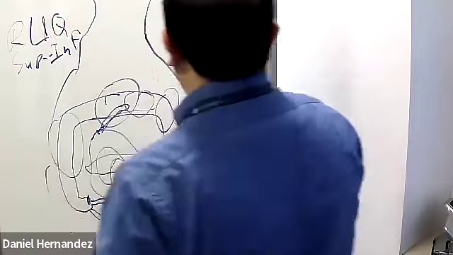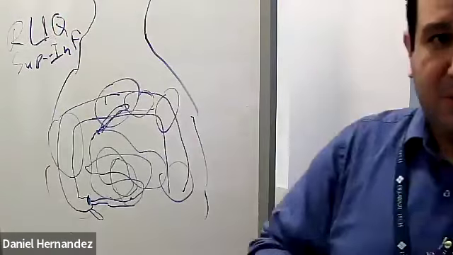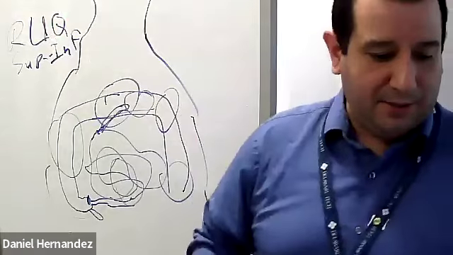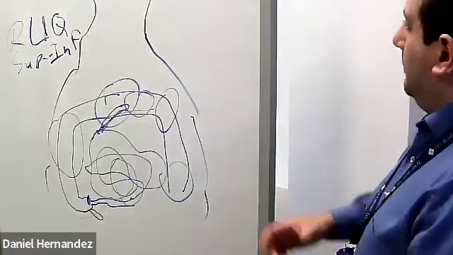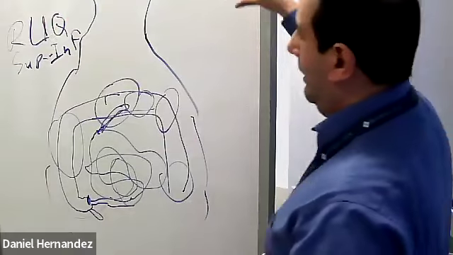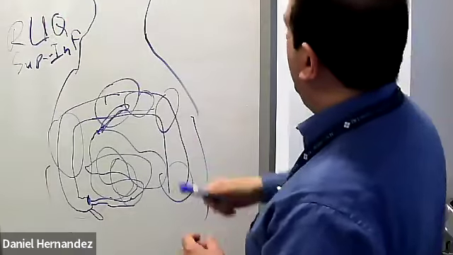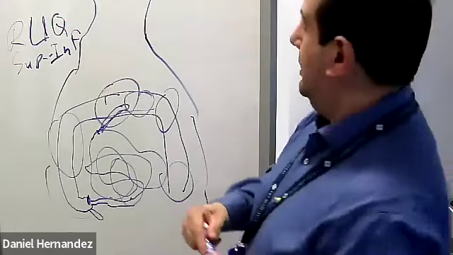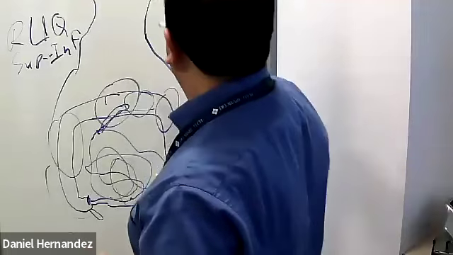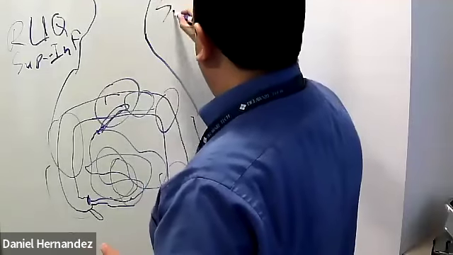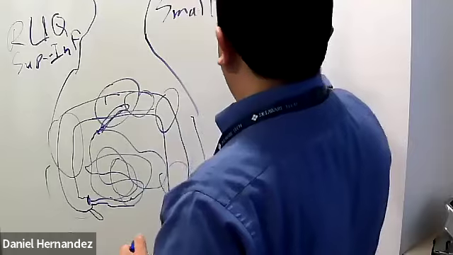That's your magic number. When you scan and see the intussusception, you measure the transverse diameter of it. If it's greater than 3 centimeters, it's most likely a large bowel intussusception. Small bowel intussusceptions are going to be less than 3 centimeters in diameter.